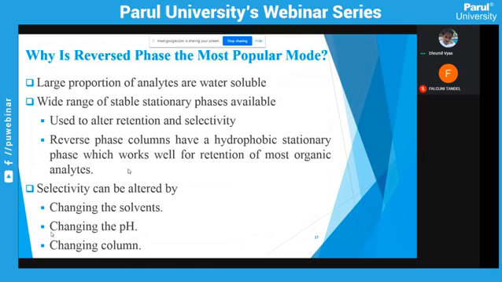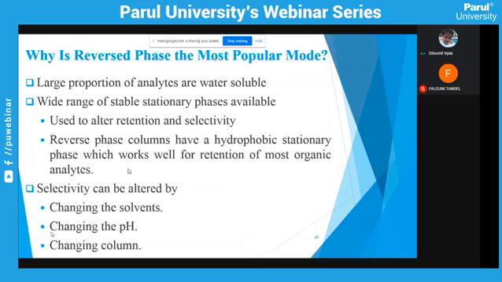So why is reverse phase the most popular mode? Because many of the analytes are water soluble. An extensive range of stable stationary phases are available in the market, which we can use to alter retention and selectivity.